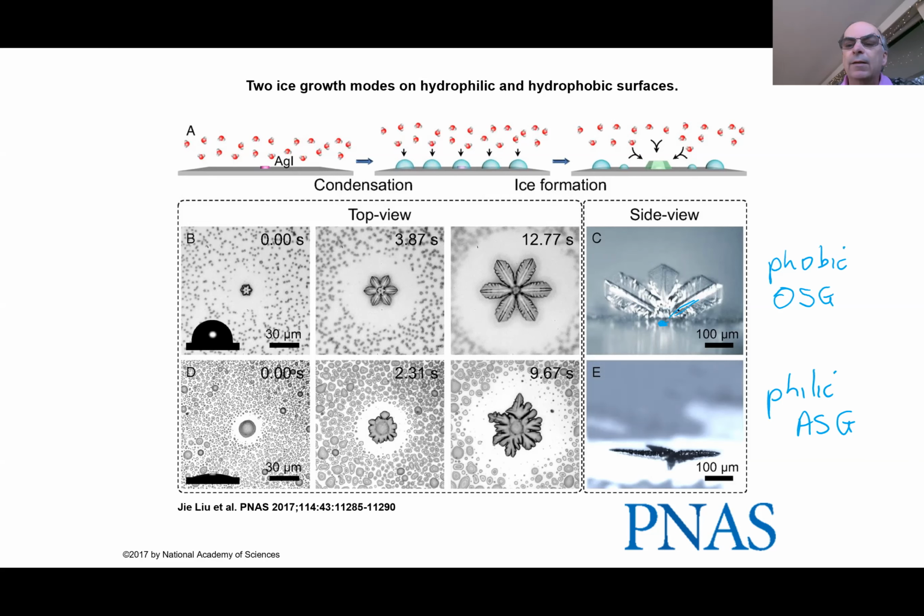So the ice crystal forms away from the surface. Whereas if you have a hydrophilic surface, where the water is actually attracted very strongly to the surface, you tend to get growth along the surface. One interesting consequence is that in the hydrophobic case, you can blow these ice crystals off with a jet of air, whereas hydrophilic, which unfortunately is most telescope optics, a jet of air won't do you any good at all.